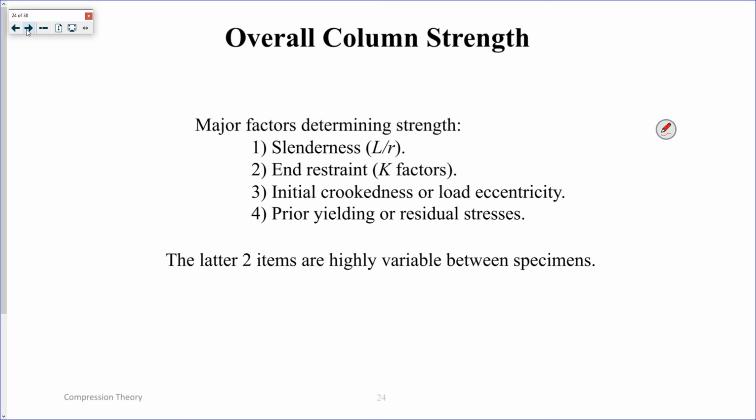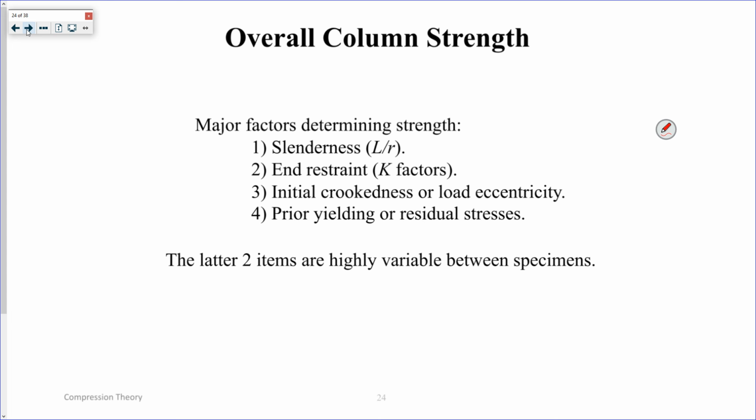The latter two are highly variable between specimens. So we put that into our phi factors, which reduce our nominal strength, and that's how we account for things that are highly variable. With the initial crookedness, that's taken care of hopefully at the manufacturing level.